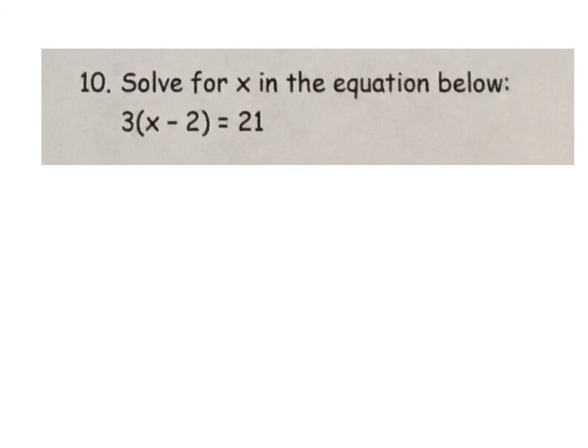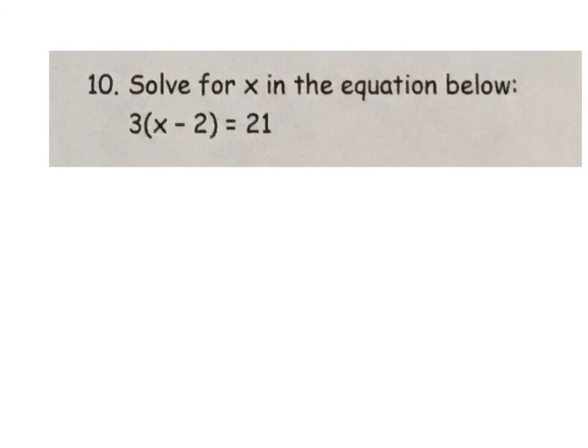Easy. Lastly, solve for x in the equation below. We have 3 times x minus 2 equals 21. We have to distribute what's in the parentheses first: 3 times x is 3x, and 3 times minus 2 is minus 6, and then that equals 21. So we're solving for x.